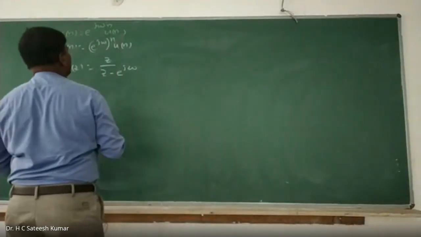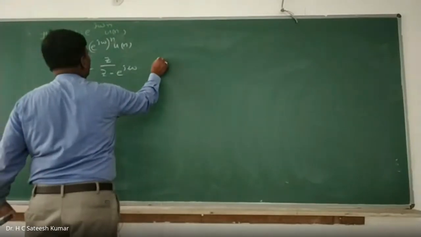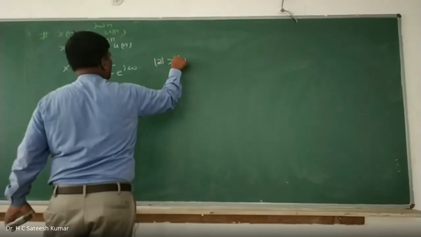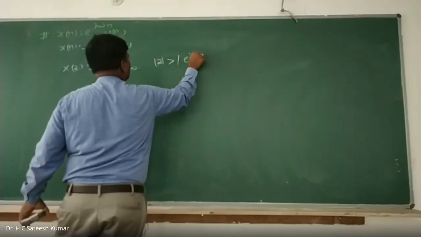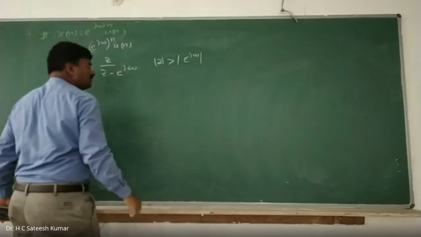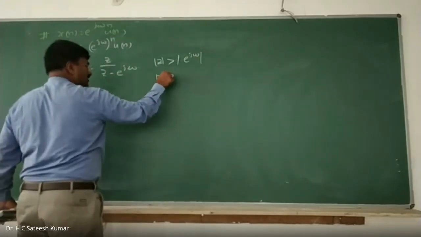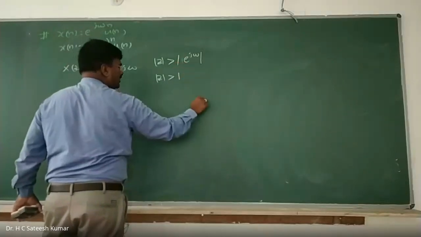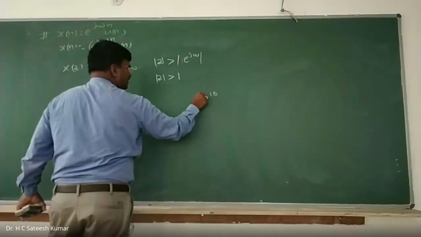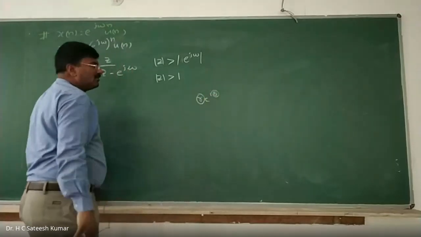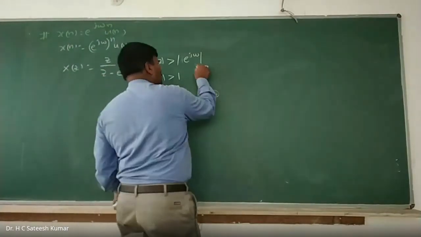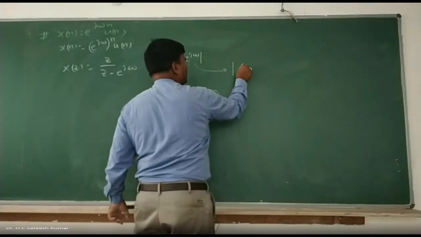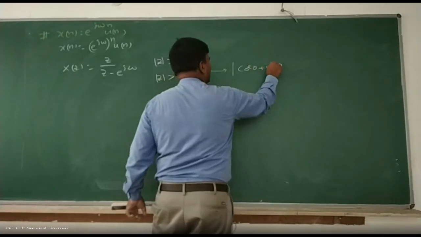So a to the power n into u of n gives z divided by z minus a with ROC mod z greater than a. Here, mod z greater than magnitude of e to the power of j omega. Magnitude only you should take. And what is this one? Magnitude is 1, because this is of the form r into e to the power of i theta, where r is the magnitude and theta is the angle. Sometimes, if they want the magnitude, e to the power of i theta is cos theta plus i sin theta.